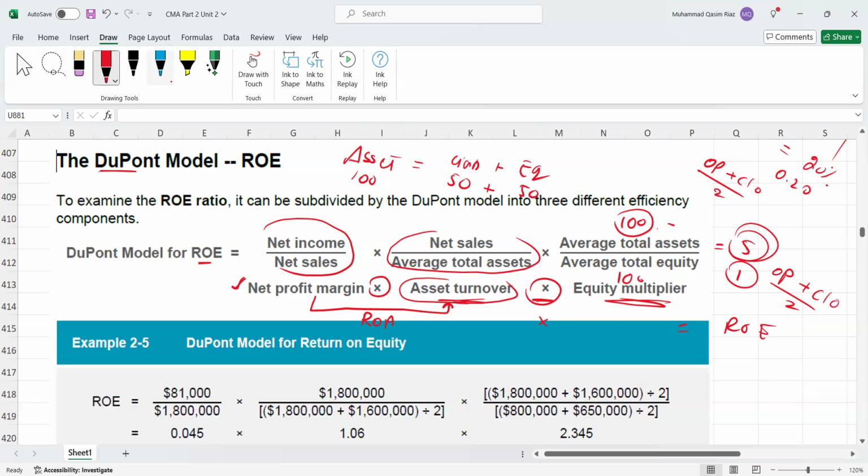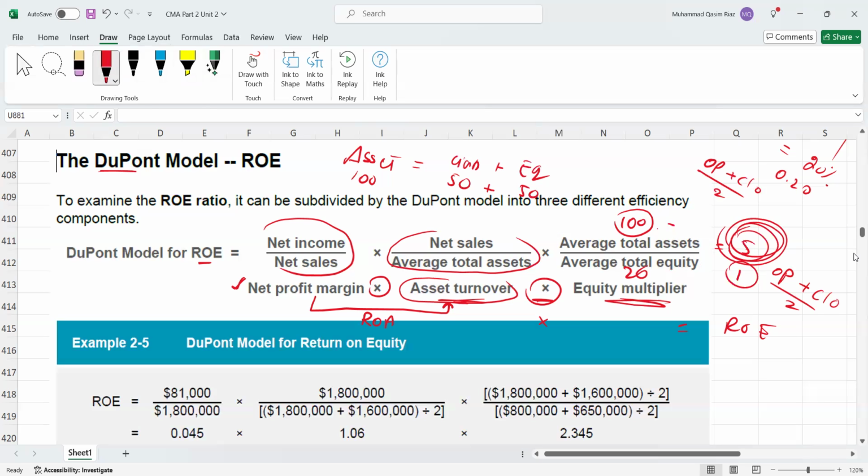But if average assets are 100, but my equity value is only 20, then the answer is 5. So 5 means what? My assets are 5 times higher than equity. If the answer is higher, it means I'm using a bigger portion of debt to finance our assets. Understood, guys?